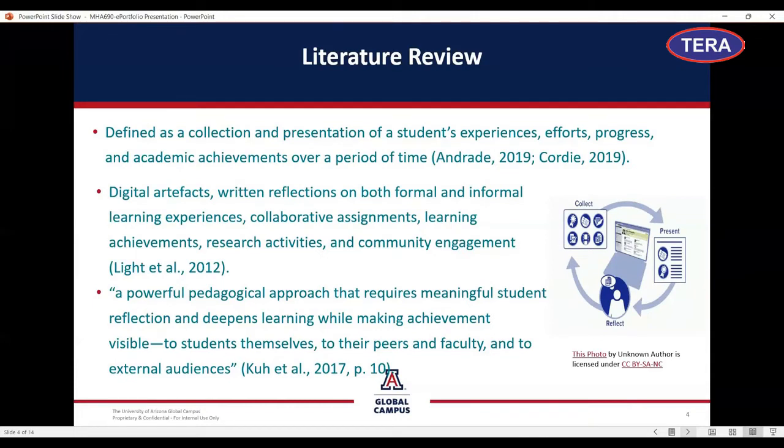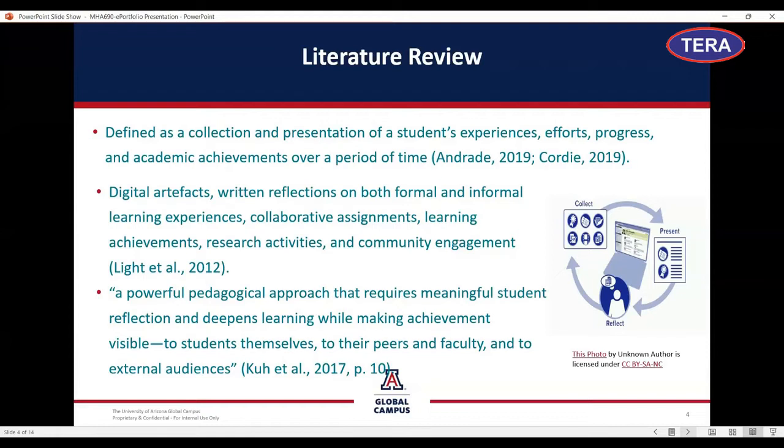Evidence representing students' learning can be digital artifacts, written reflections on both formal and informal learning experiences, collaborative assignments, learning achievements, research activities, and community engagement.